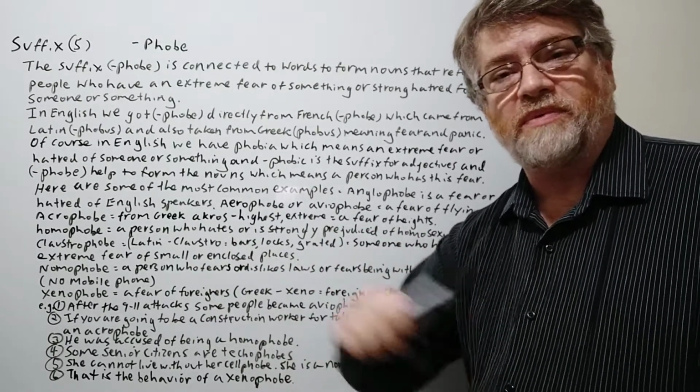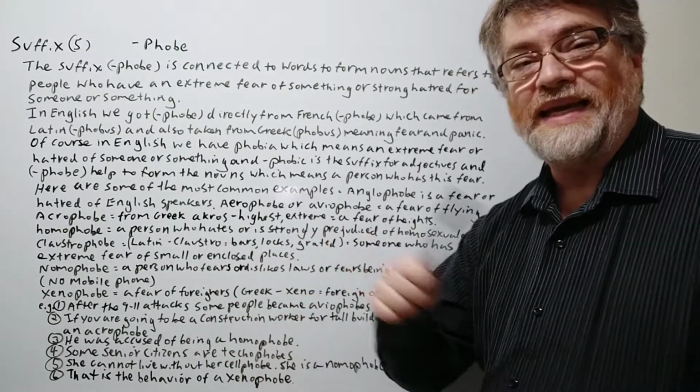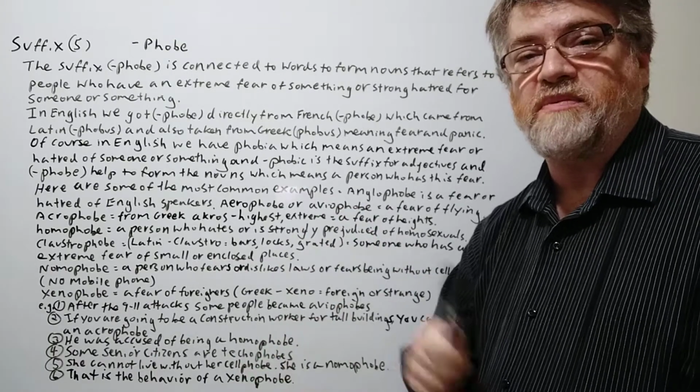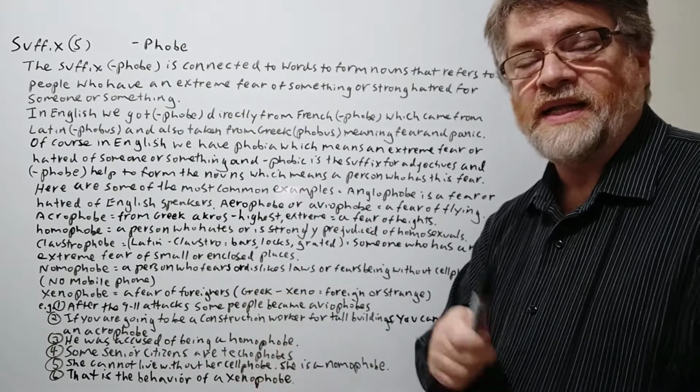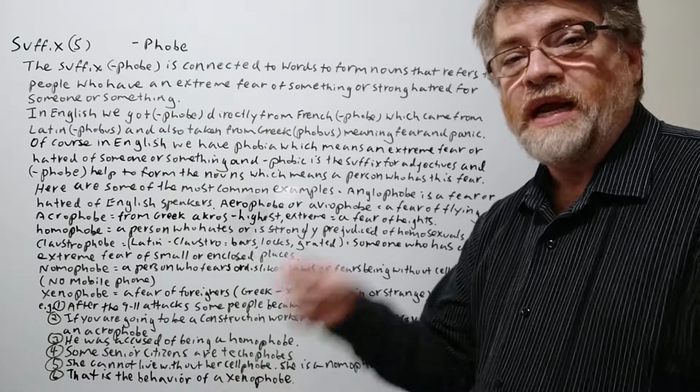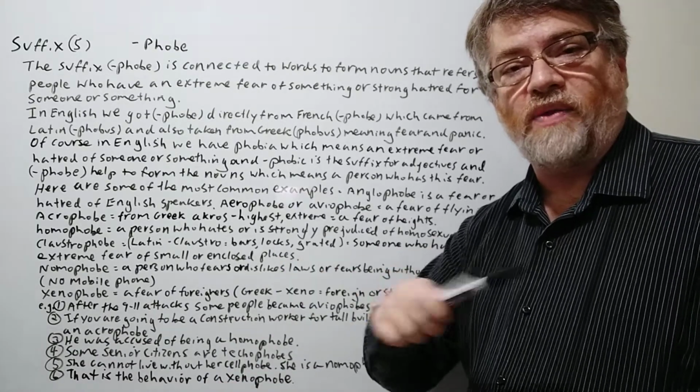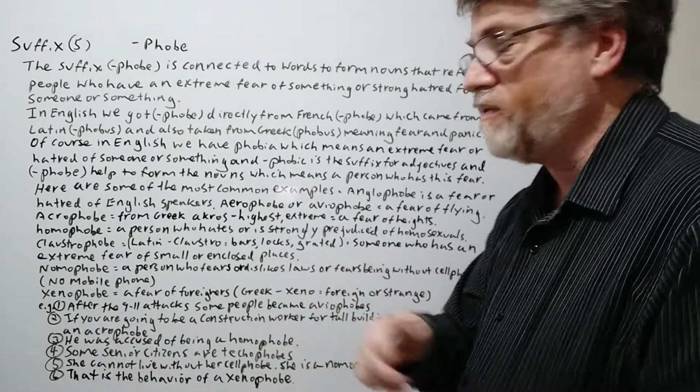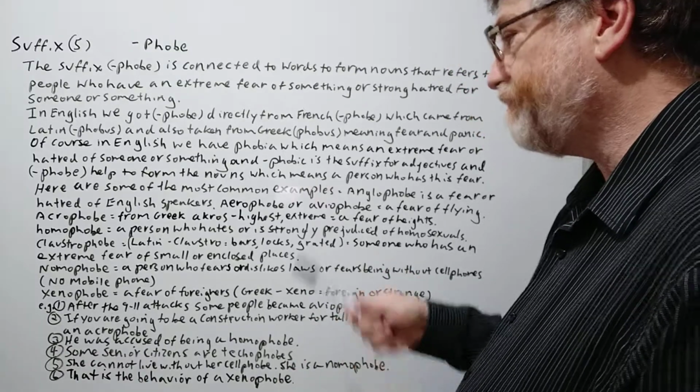So you're probably just too afraid to speak in English, or to English speakers. Maybe you're afraid of making mistakes, and you could become an anglophobe. Now remember, Anglo always has something to do with English, like from Anglo-Saxon originally.